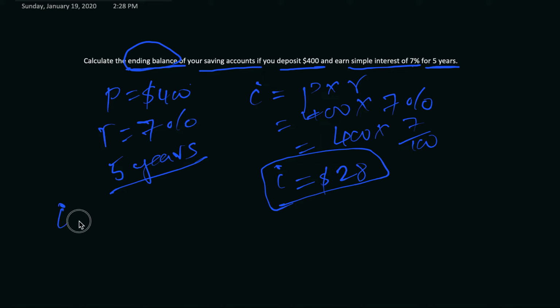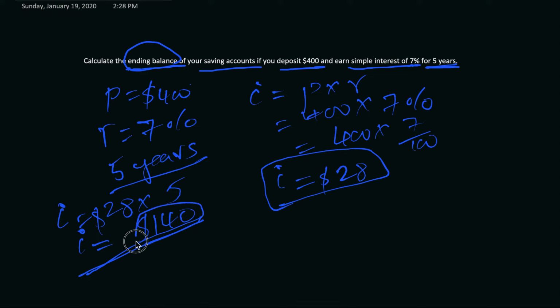So the total interest would be $28 times 5, which is nothing but $140. Great. So this means that if we deposited $400 with a simple interest of 7% for 5 years, we get $140 of interest at the end of 5 years.